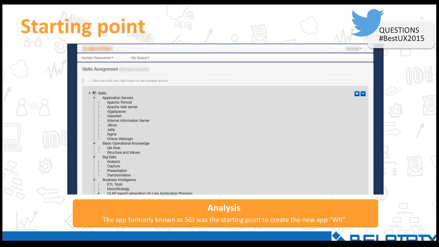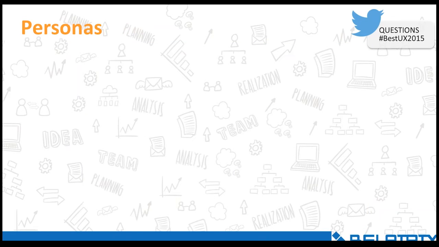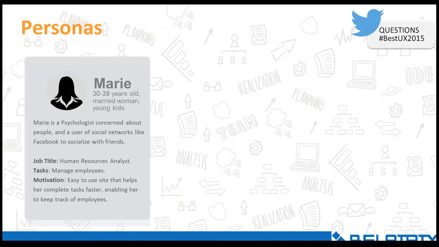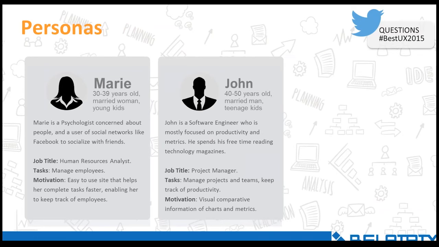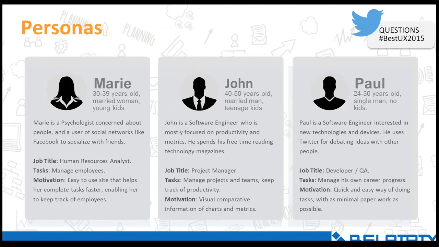We already had the goal from the company, the business goals, but now we need to understand the user needs. So along with Barbara here, we created some personas. Personas can be understood as profiles. Barbara, do you want to explain to the audience, because you actually did this part?